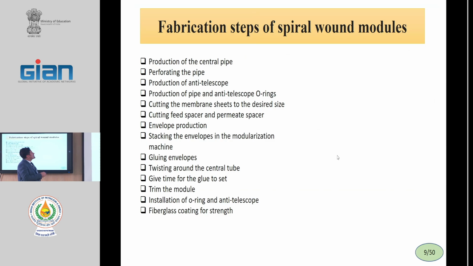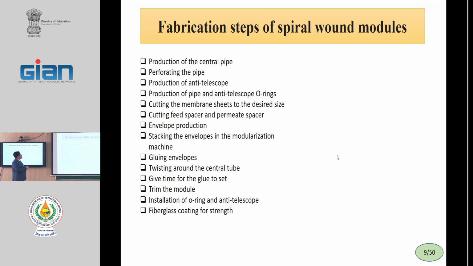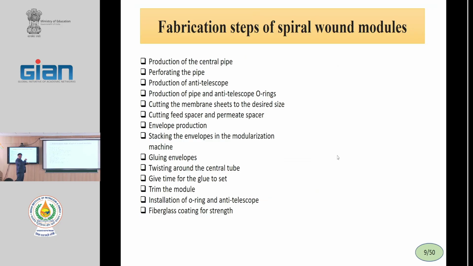After preparation of the central pipe, we need equipment for perforating and producing the pores in this central pipe. We need a device for production of anti-telescope and production of the O-rings, black O-rings, and other machines.